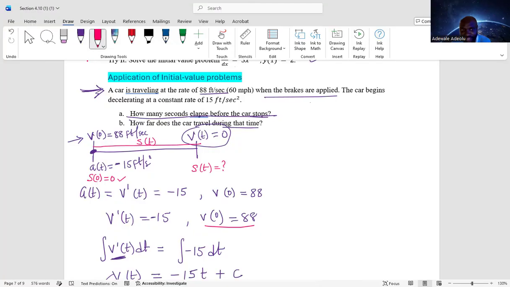Let us see if we can create an initial value problem for distance. If I differentiate distance, I will get velocity. The rate of change of distance is velocity. We already know velocity, v of t, which is the derivative of distance. What is that velocity?